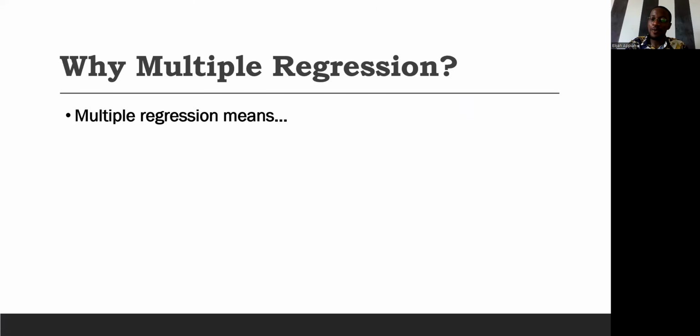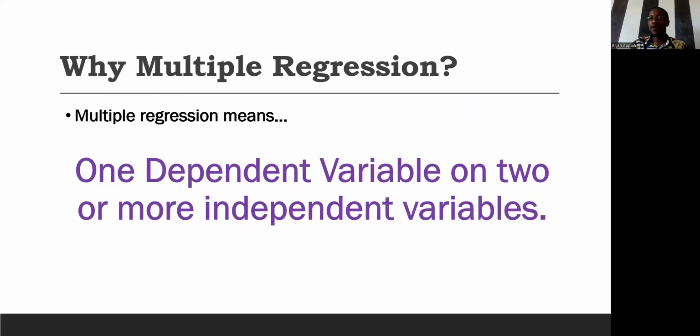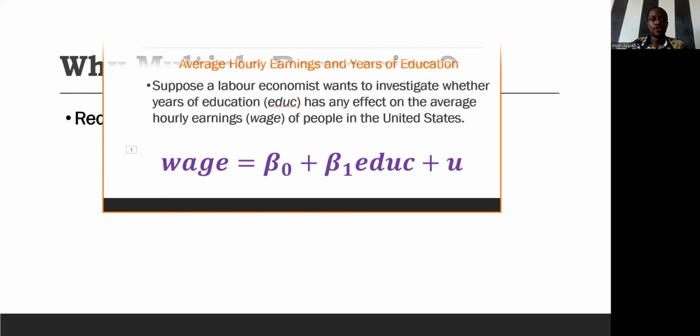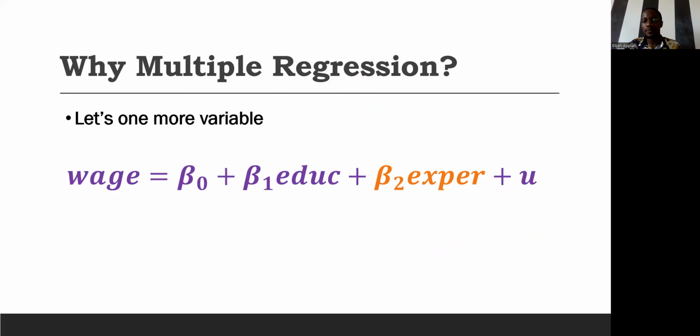So far, the economic problem that we just looked at was simple linear regression. Remember, we gave the difference between simple and multiple linear regression. We only had one independent variable, which is education. Now, multiple regression means we have one dependent variable and we are regressing it on two or more independent variables. Recall that in the economic problem, we only had education as the independent variable, so this is a simple regression case.